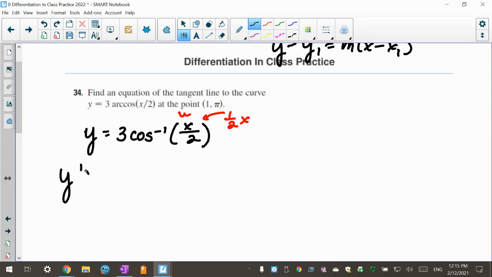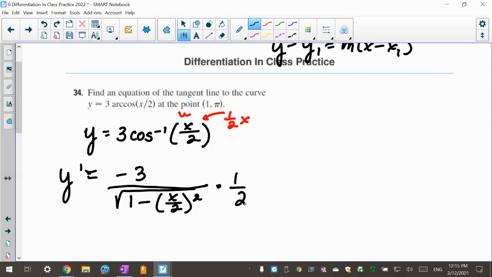So I do y prime equals, and I know the derivative is going to be -1 over a radical, but there's a 3 there. So I'm going to have a -3 over radical 1 minus u squared, and u is x over 2, squared. That's a very wiggly line, times the derivative of the inside, which is going to be 1/2.